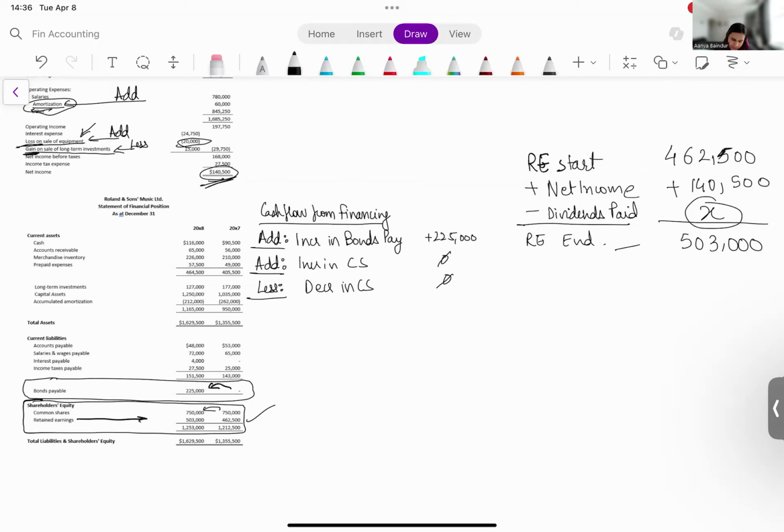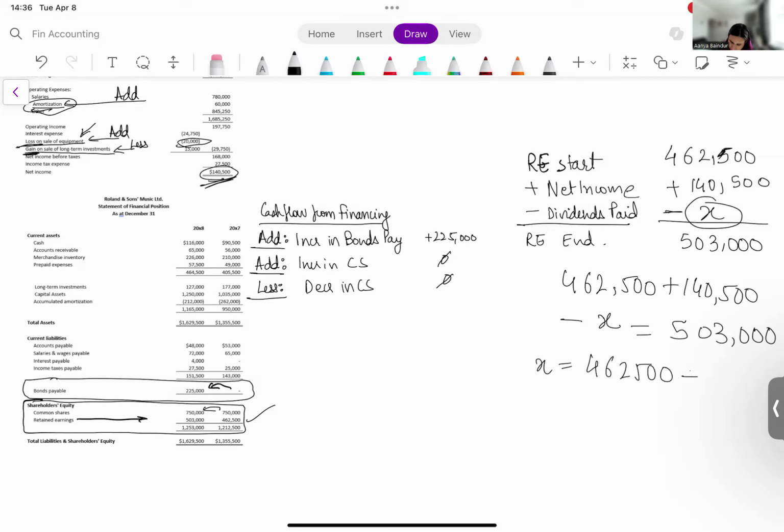This is a simple enough equation. We solve this: 462,500 plus 140,500 minus x is equal to 503,123. Let's move these around. You get x is equal to 462,500 plus 140,500 minus 503,000.